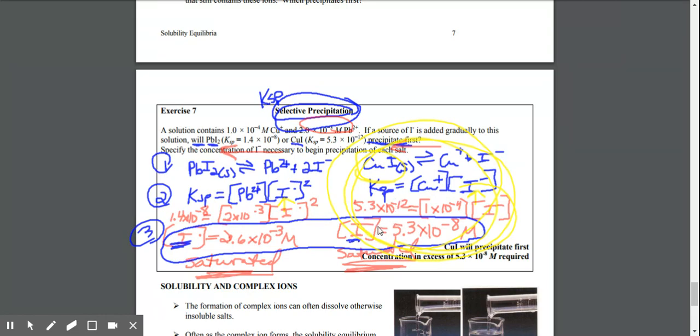Anything in excess of this quantity here will cause a precipitate to form. So CuI will precipitate first. This is my justification: the I minus concentration is less than the I minus concentration for the PbI2. And when it says specify the concentration necessary to begin precipitation, it would be any quantity greater than this value here.